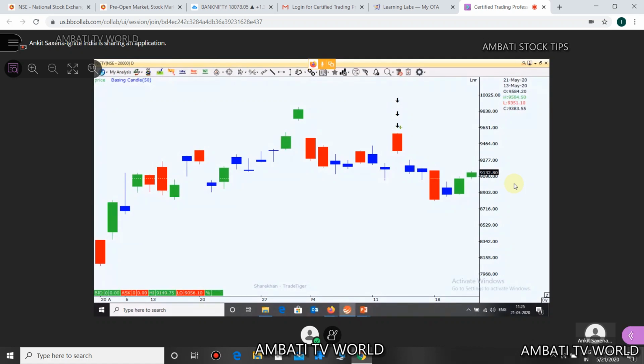So as far as this candle is concerned, I can only say that sellers were in charge of this candle because the prices have dropped. Similarly, if I see this candle, I can only say that the buyers were in charge of this candle because the prices have gone up. Getting my point, everyone here?